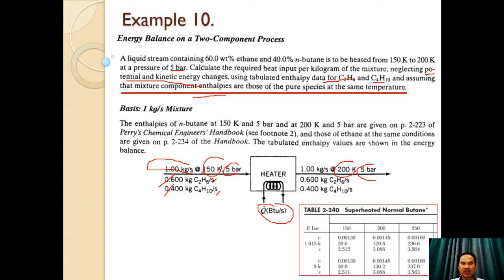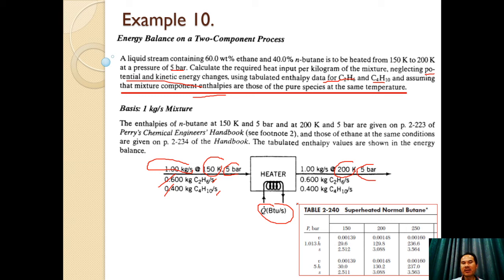Total mass input is 1 kilogram per second and output is also 1 kilogram per second, so the mass is balanced already. The composition is the same, ethane and butane; we only heat from 150 Kelvin to 200 Kelvin.